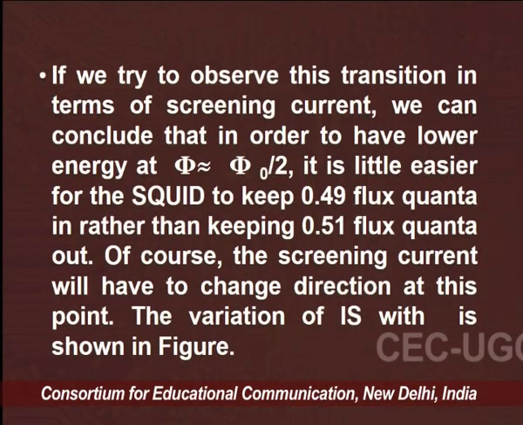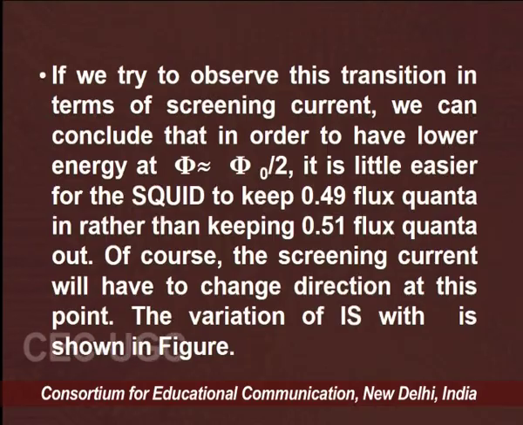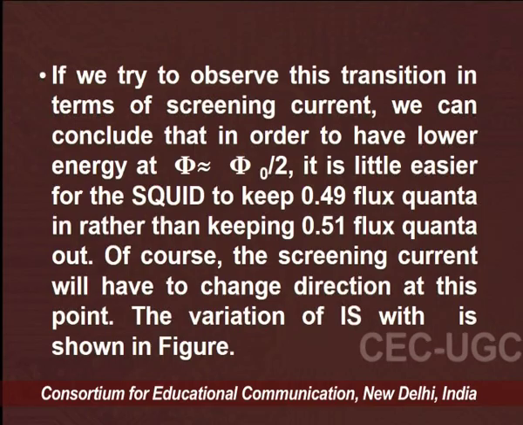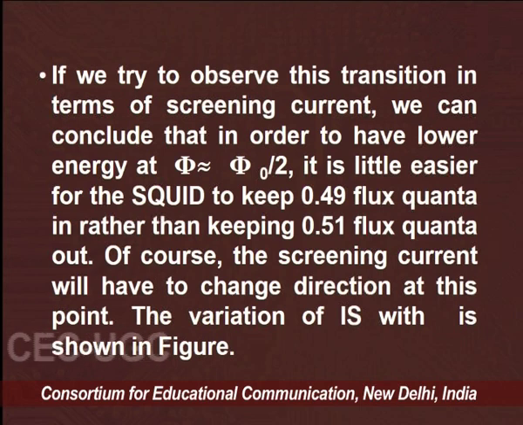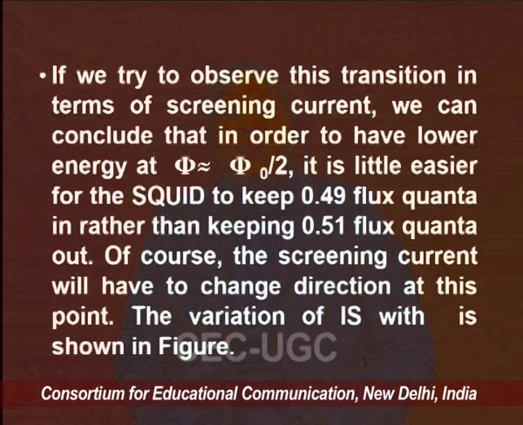Observing this transition in terms of screening current, in order to lower the energy at phi equal to phi naught by 2, it is a little easier for the SQUID to keep 0.49 flux quanta in rather than keeping 0.51 flux quanta out. Of course, the screening current will have to change direction at this point.